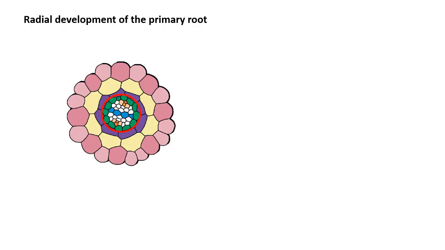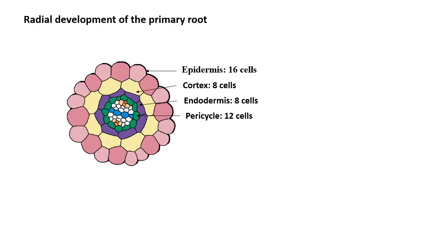The outermost layer of the vascular cylinder is the pericycle, which is highlighted here in green. Then followed by that is the endodermis, and after the endodermis, there is a single layer of cortex cells and epidermal cells. In Arabidopsis, the typical root structure consists of single layers of epidermis, cortex, endodermis, and pericycle.